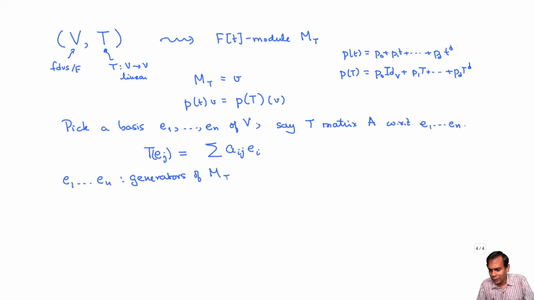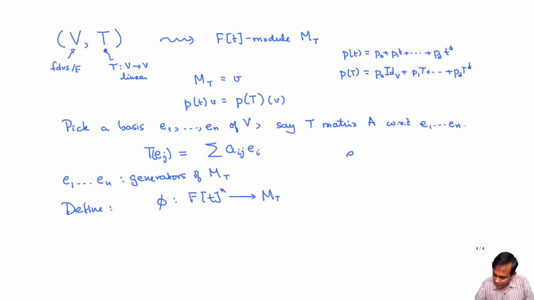Okay, so accordingly, to express it as a free module F[t] to the n mod something, we must define phi from F[t] to the n, so n generators, to M_T by taking the ith generator here.